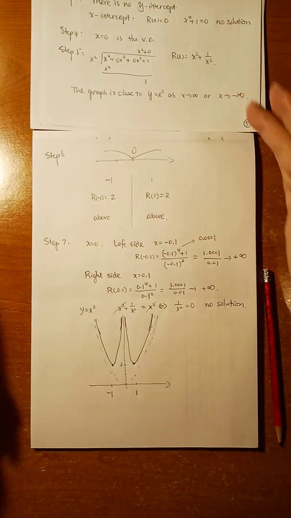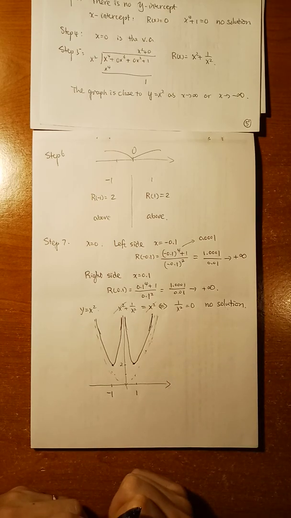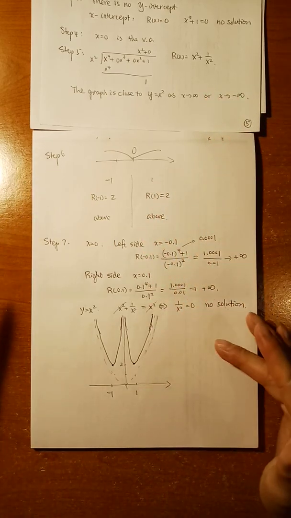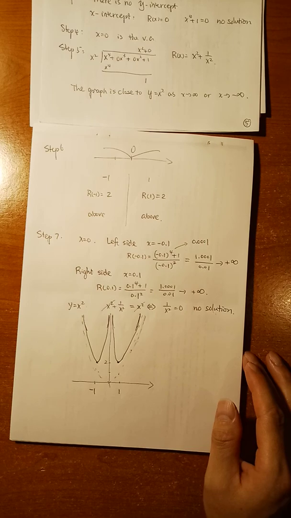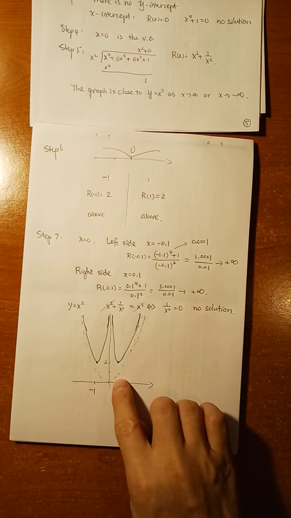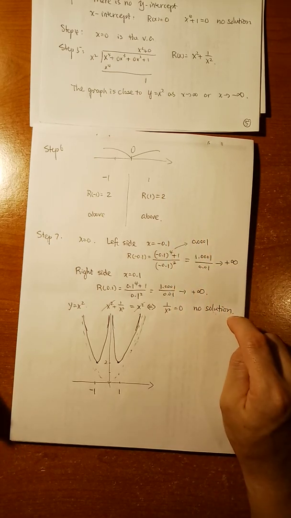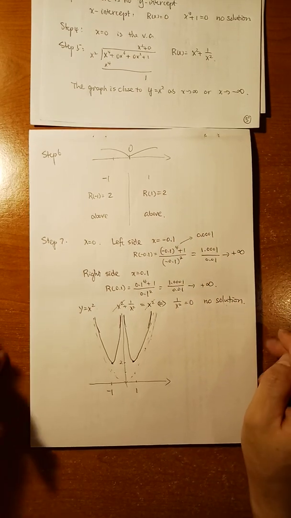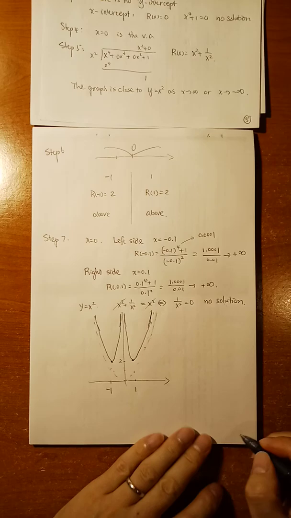We don't have a lot of additional information, so that's the best graph we can have. Don't cross y equal to x squared because there's no solution. Okay? Let's do one more example.